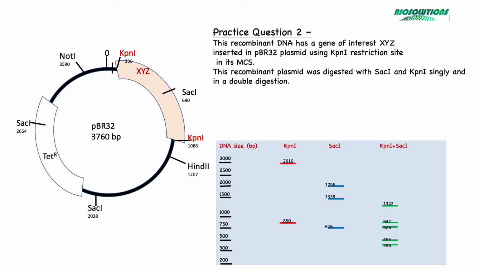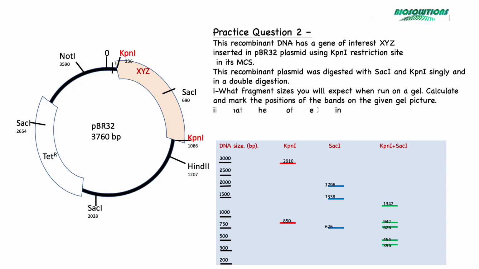Now we place them on the gel picture. Size of the gene XYZ will be same as KpnI fragment size, that is 850 base pair. Okay, after solving these questions, let's begin with recombinant DNA technique basics first.